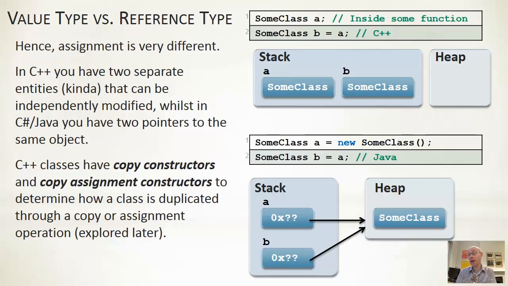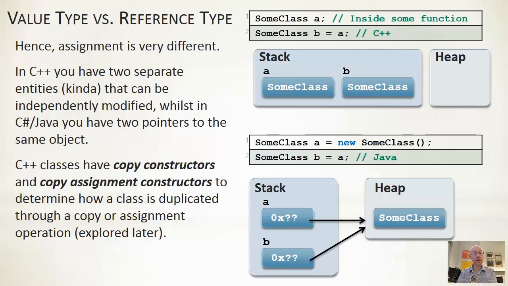If you then compare this with the C++ example on the top, just as a reminder, in C++ with value and reference types we get to choose. So here we're doing just some class A. Now in Java, that only gives you a reference, it doesn't create an object. Because it's C++, it's the same as doing int A. It will create an object of that type, in this case, whatever class it is we have defined.